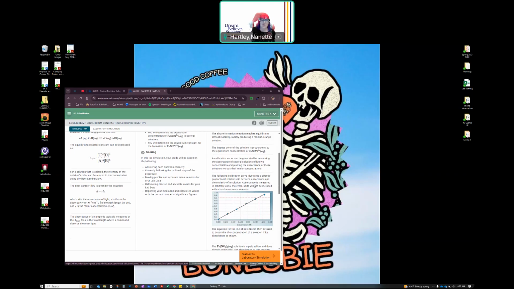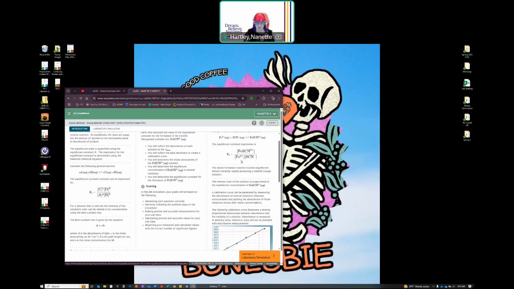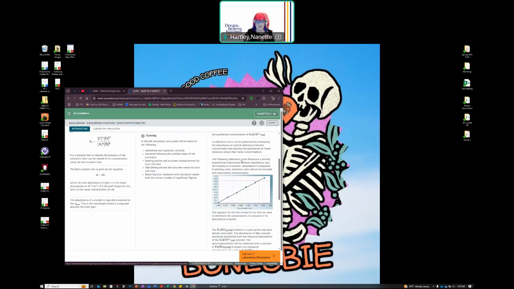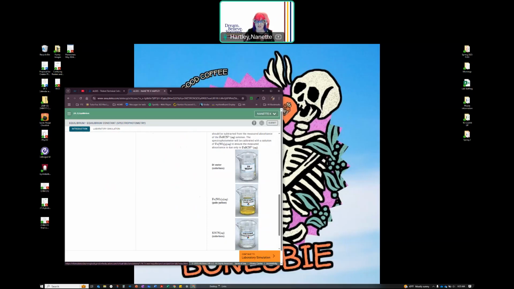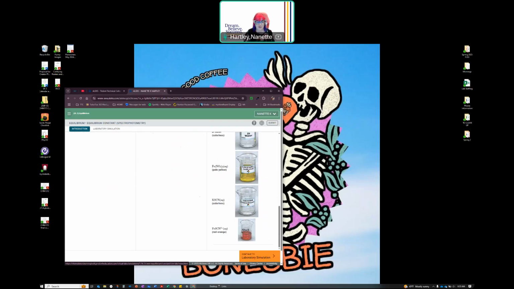The problem with this is that the Fe solution has some color of its own. The Fe solution is yellow. Water is clear, the KSCN is clear, but the Fe(NO3)3 is yellow. And so we have to use that Fe(NO3)3 as our background, because if there's any of that left over, then we have to subtract that out.